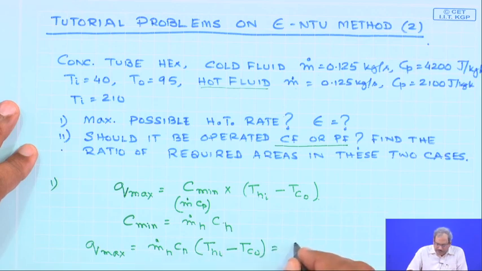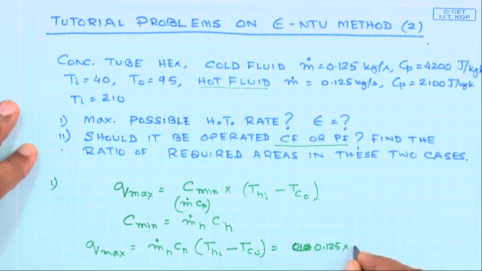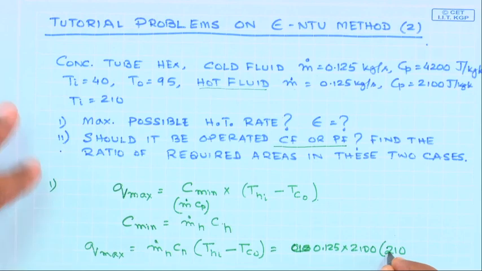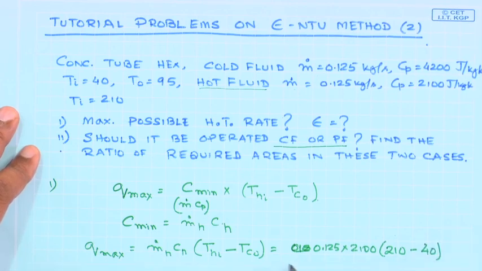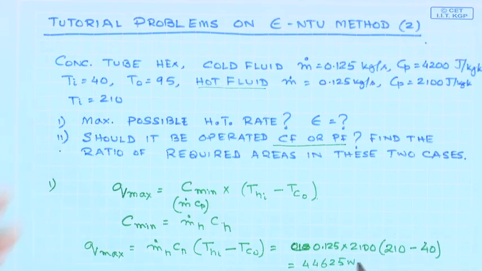When you plug in the numbers, you get the amount of heat transfer which is possible: 210, the inlet temperature of the hot fluid, minus the minimum temperature which is possible. In this case this is going to be 40, and in fact, this should be Tci. When you calculate the numbers, it is going to be 44625 watts.